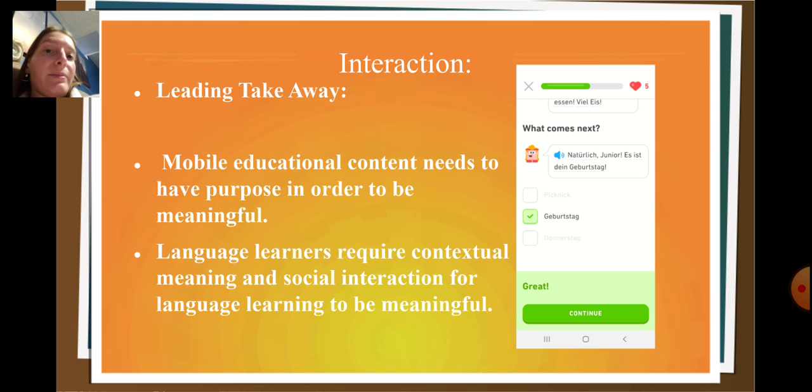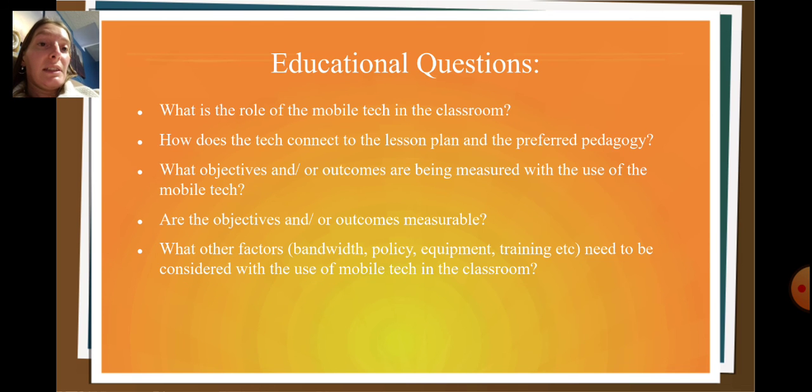And so, what this leads to, mobile educational content needs to have purpose in order to be meaningful, and language learners require contextual meaning and social interaction for language learning to be meaningful. So, overall, Duolingo offers very low mobile affordance because its mobile features are limited to what is applicable and necessary for language learning.